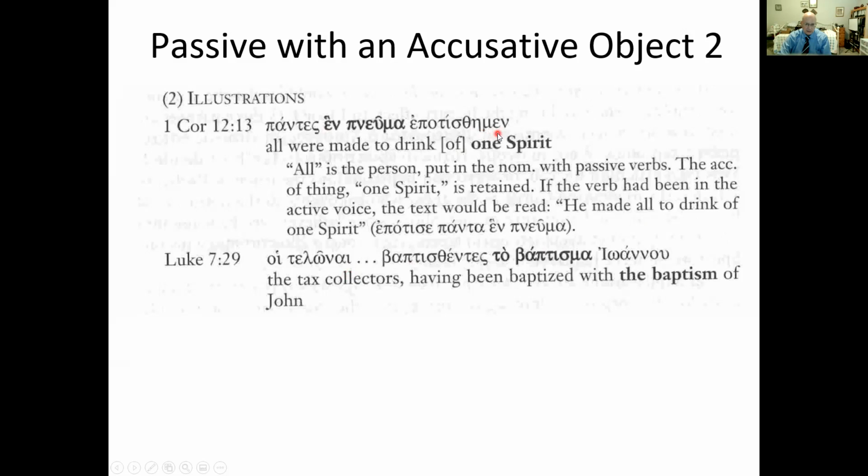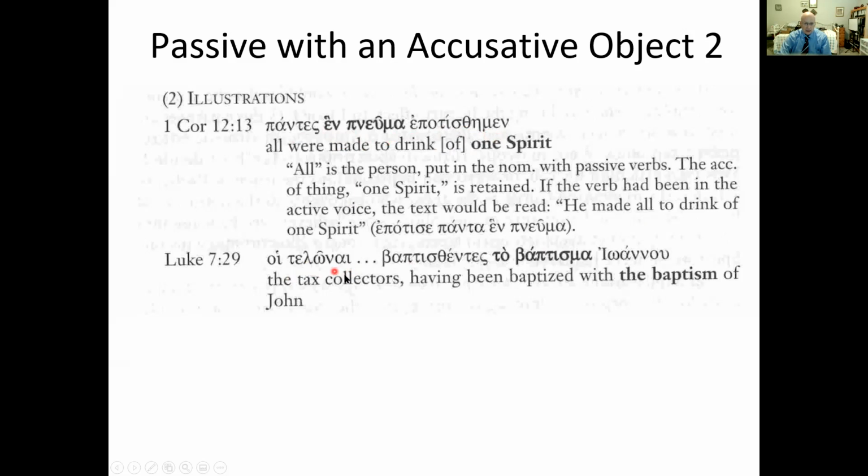But it's in the passive voice. All were made, epotisthesan. All were made to drink hen pneuma, one spirit.